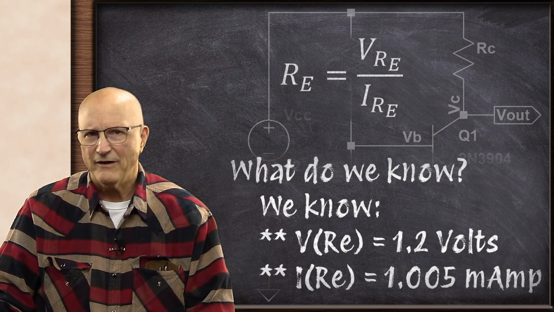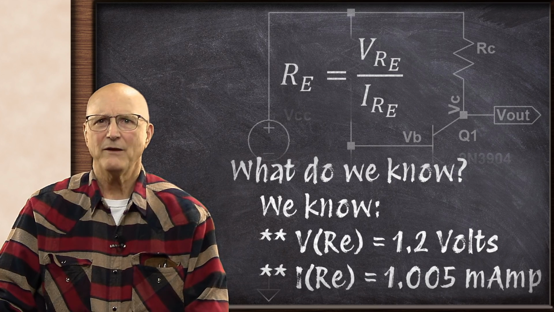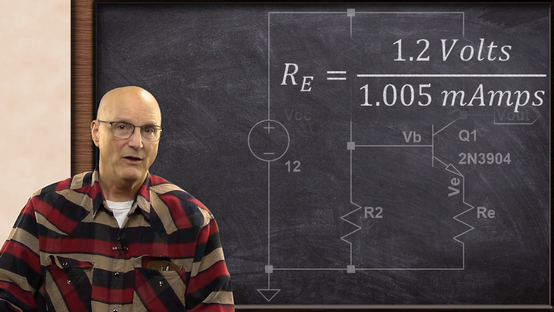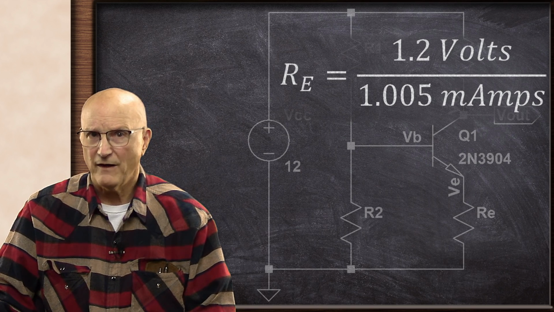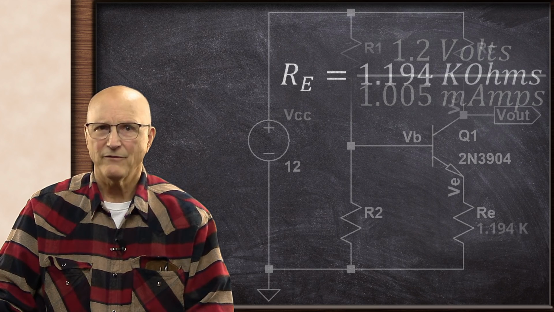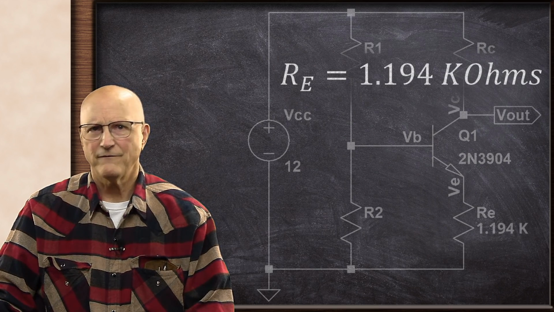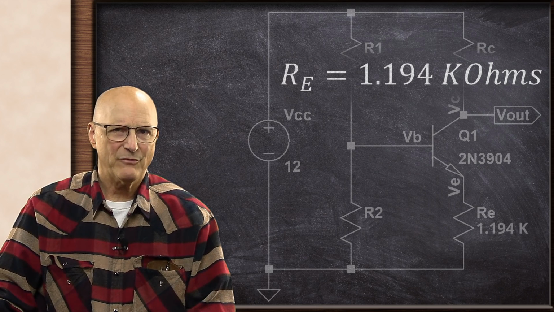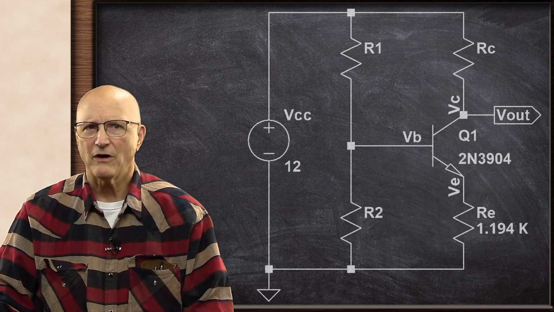Putting these known values into our equation, we get an emitter resistor value of 1.2 volts divided by 1.005 milliamps, which gives us an emitter resistor value of 1.194 k ohms.